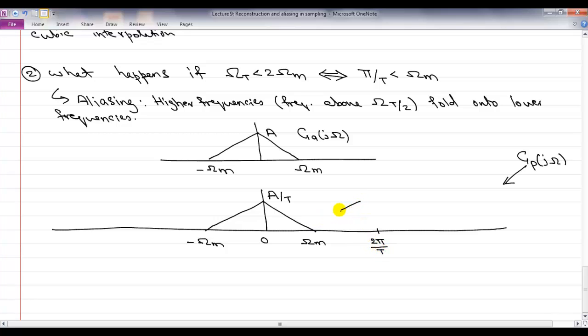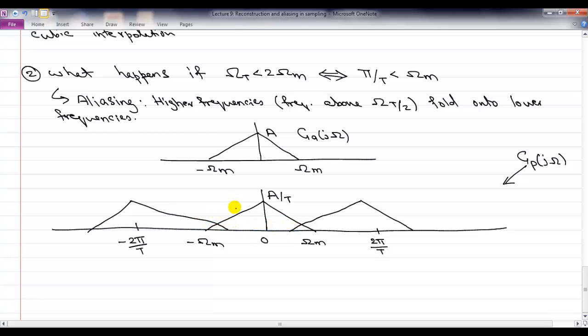And that copy, because we have not satisfied the Nyquist criterion, that copy will overlap with the main copy. Similarly, we will have another copy at minus 2 pi by t. And again, that will overlap. I should have made it symmetric, but hopefully you guys get the idea.